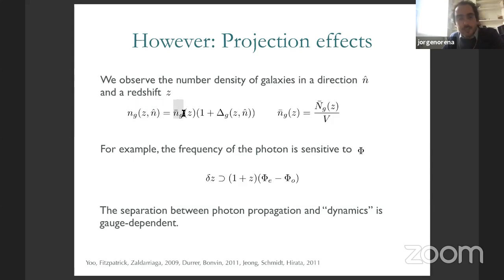And we separate this into an average plus this overdensity. And this average density of galaxies is the average number of galaxies at some redshift divided by the volume of that redshift shell. However, for example, the frequency of the photon is sensitive to the gravitational potential. So the redshift will change with the gravitational potential.